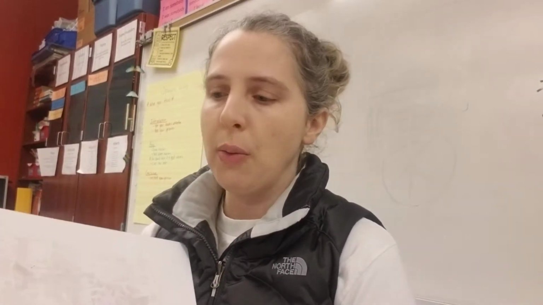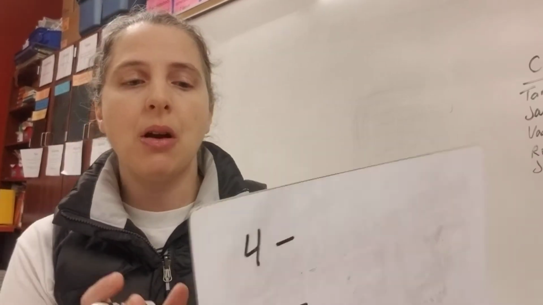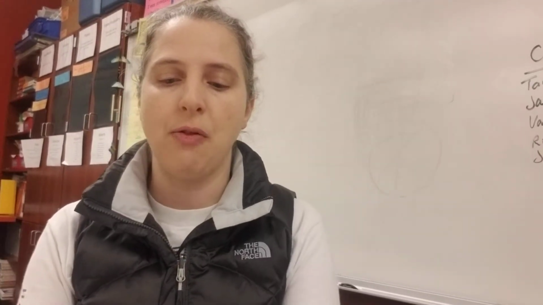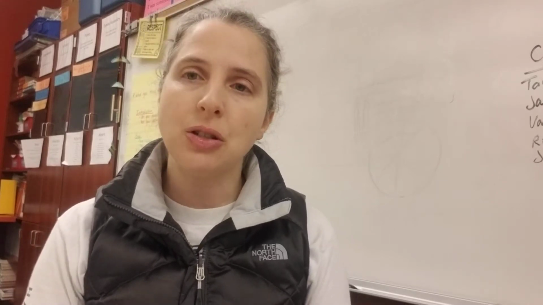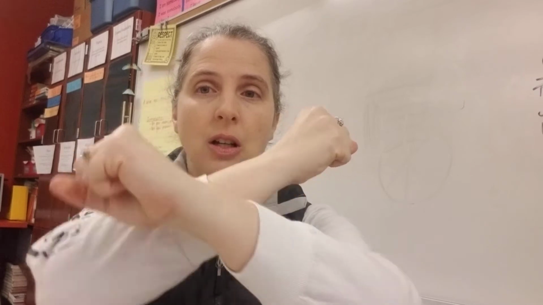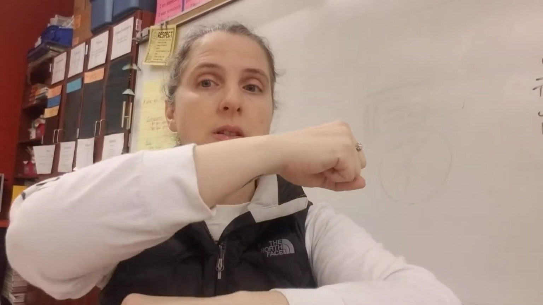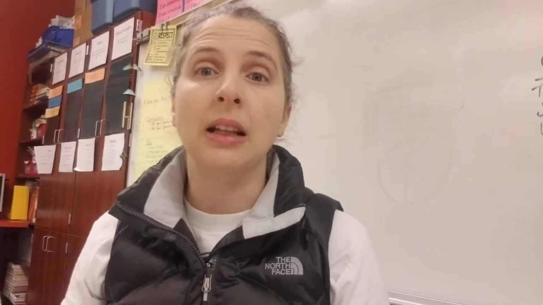Okay, so before we get started on that, I want to look at factors. Remember that factors are what we use to multiply. So we use factor, factor, product. Okay, so a factor times a factor equals the product. So that could be anything like 2 times 3 equals 6.